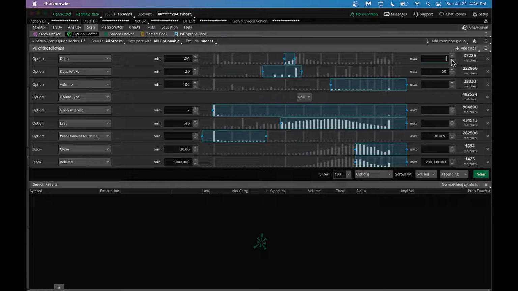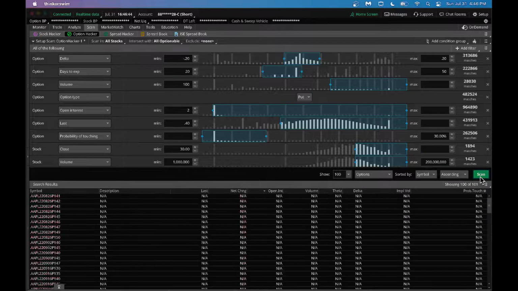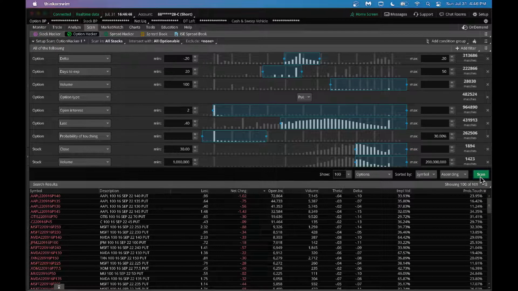Let's put -20 again. We'll get both call and put options. We could look at some of these names and see what we can sell put options on. All right, let's say +20. I was actually missing the one right here. We have just calls here. Let's say just puts here and go from there. Look, we got all the put options here.